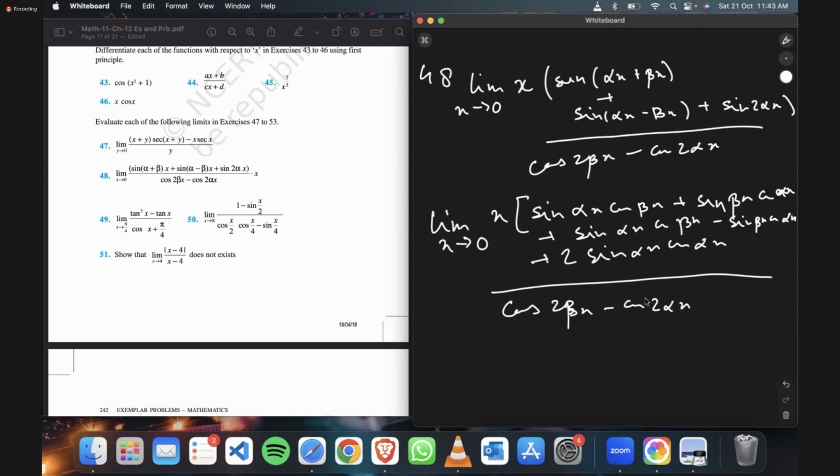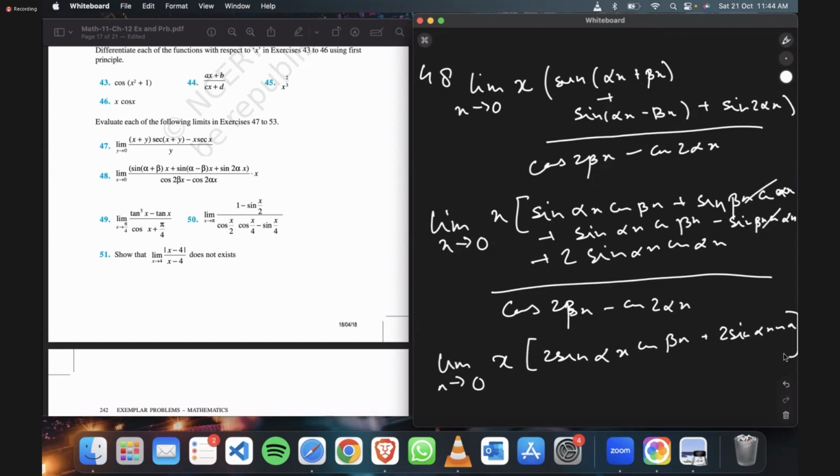Sine beta x cos alpha x gets cancelled out. Then I'll be left with limit x tending to 0, there's an x over here, 2 times sine alpha x cos beta x plus 2 sine alpha x cos alpha x.